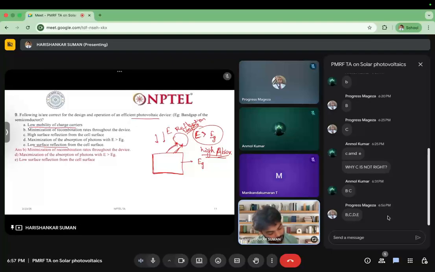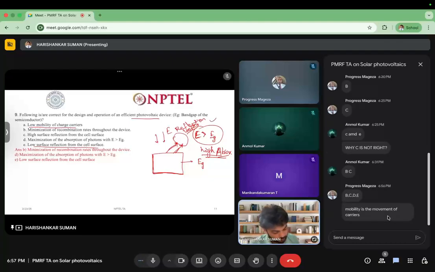Low surface reflection from the cell, as I discussed, and D, maximizing absorption, will generate high output. High reflection should not be there. Reflection losses from the cell surface should be minimum, not high.